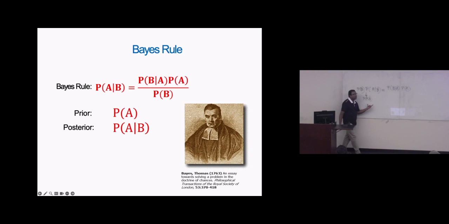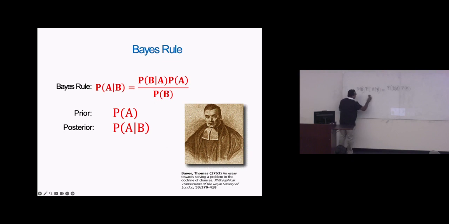Yep, right? How about this part? Probability of B given that A occurs, times the probability of A. Is that the same thing? Yeah, so that's why they are equal, right? That's where Bayes' theorem is coming from.